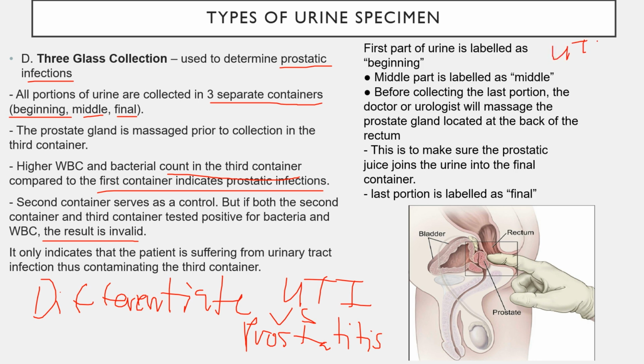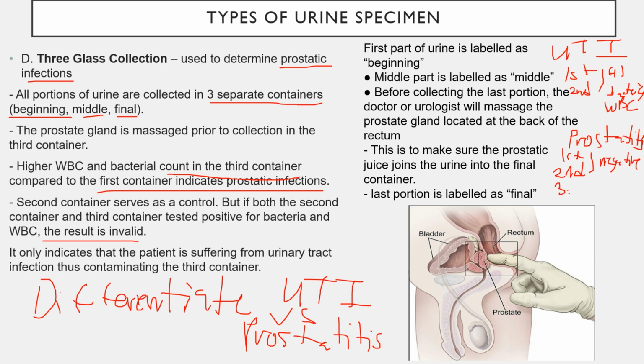So ganito lang yan, class, for you to understand. If it is UTI or urinary tract infection, the first and second container, yung beginning and middle, would become positive for bacteria and WBC. But if it is prostatitis, the first and the second would be negative.